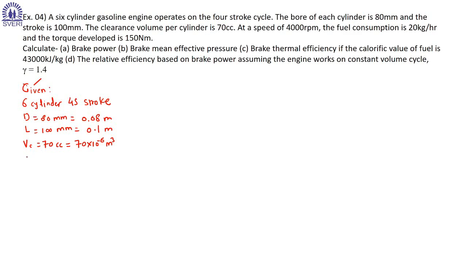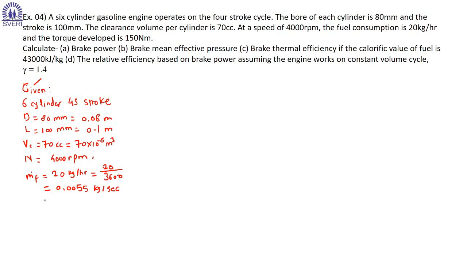Next, the speed is given in rpm, that is N equal to 4000 rpm. Fuel consumption is given, that is mf is equal to 20 kilogram per hour. So I can convert this by dividing 20 by 3600 to get kilogram per second. So this will be equal to 0.0055 kilogram per second.